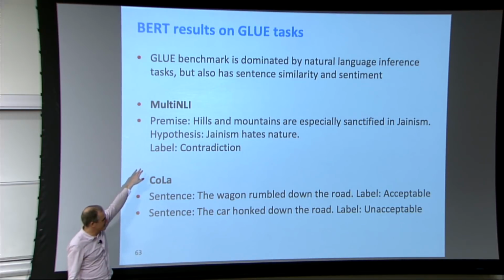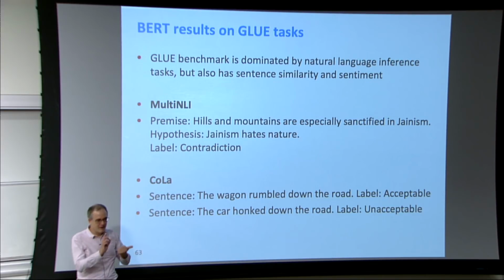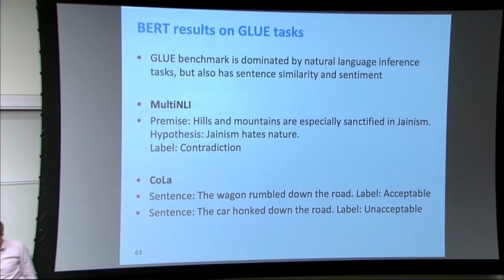So for natural language inference, you're given a sentence, like, hills and mountains are especially sanctified in Jainism, and then you're given a hypothesis, Jainism hates nature, and what you're meant to say is whether the hypothesis follows from the premise, contradicts the premise, or has no relation to the premise. So it's a 3-way classification, and so here it contradicts the premise. There are various other tasks, such as this linguistic acceptability task.